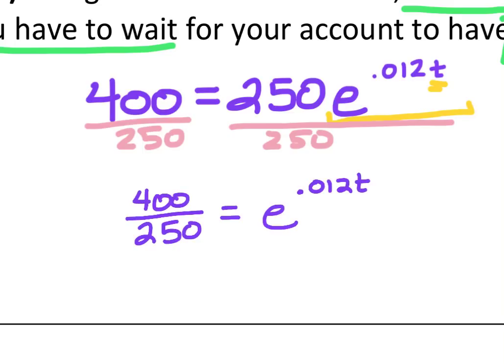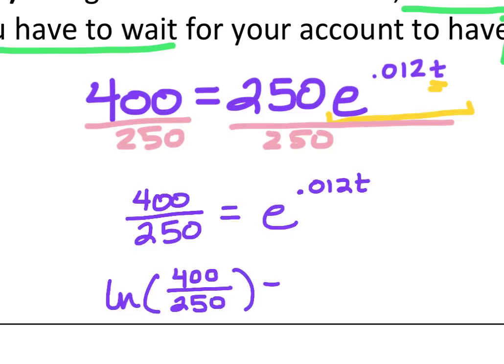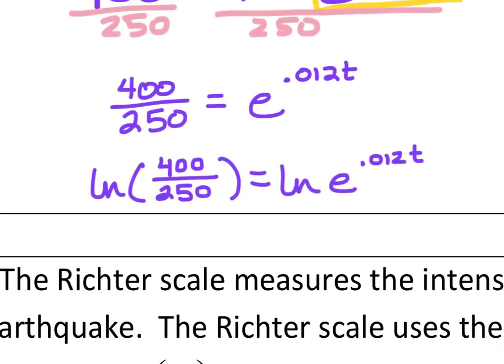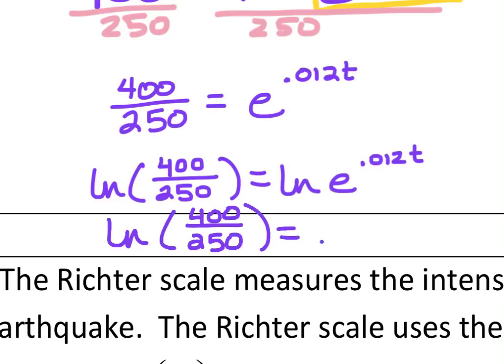What I'm going to do now is take the ln of both sides. So I've got the ln of 400 over 250. And on the right, because I have ln of e to a power, that whole thing is just equal to the power. So ln of 400 divided by 250 is equal to just 0.012 times t.